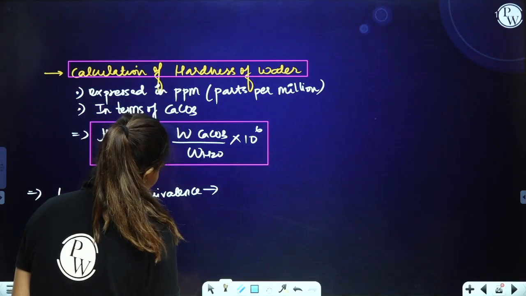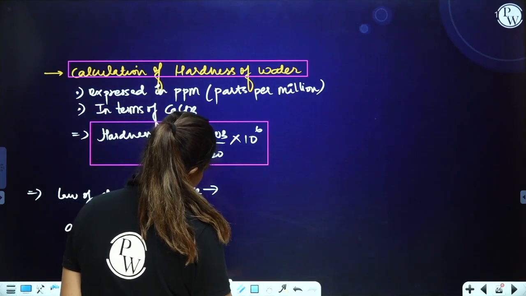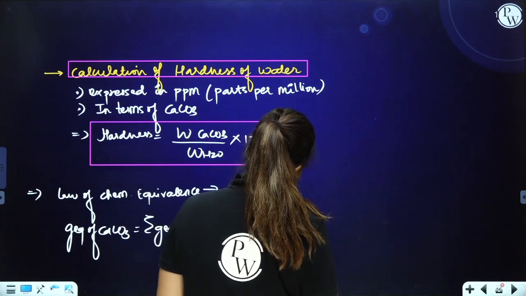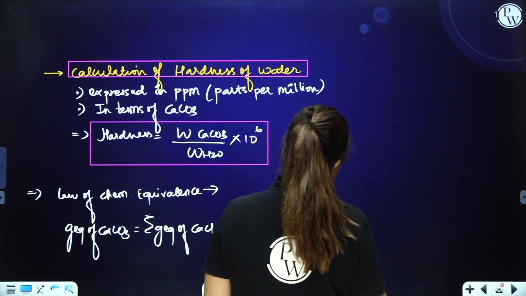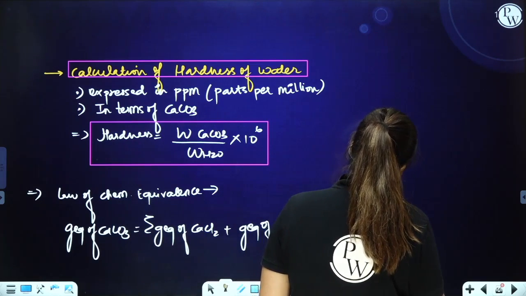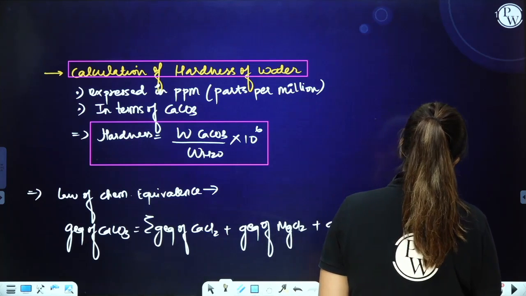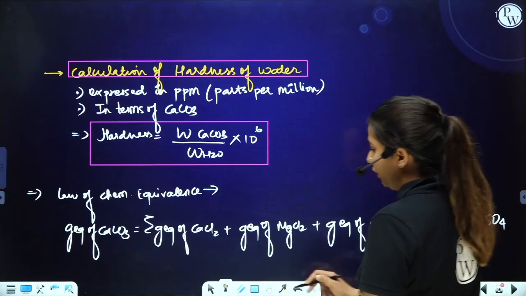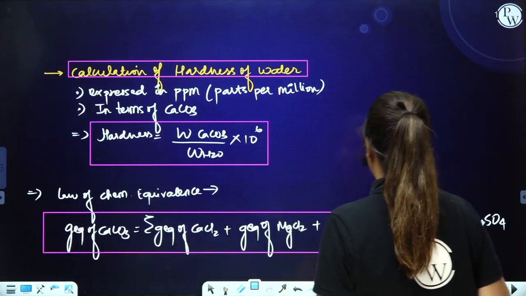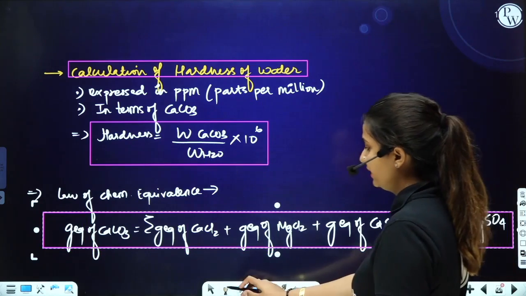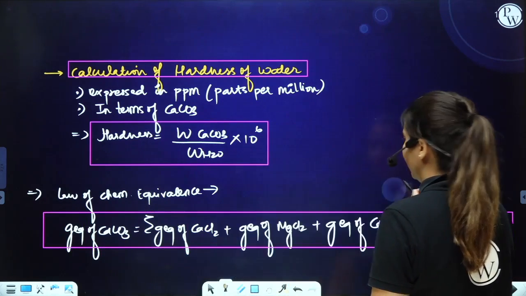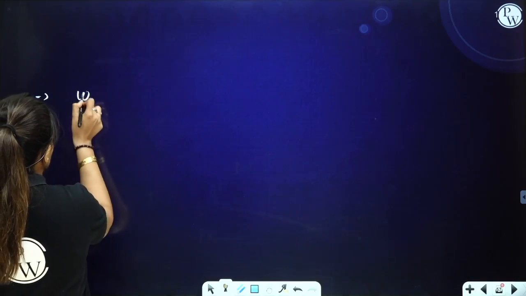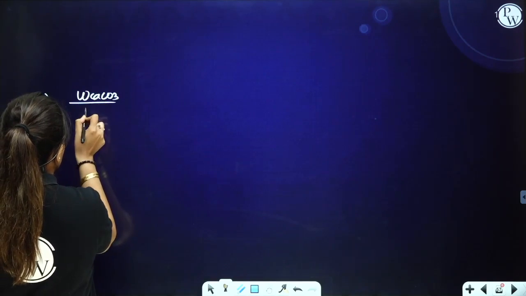So we will take the sum of the gram equivalence of calcium chloride plus gram equivalence of magnesium chloride plus gram equivalence of calcium sulfate plus gram equivalence of magnesium sulfate. Okay, so this is how you have to express. From this itself you can calculate the weight of the calcium carbonate. How? We can say that the gram equivalence of calcium carbonate is equal to the weight of calcium carbonate divided by its equivalent weight.